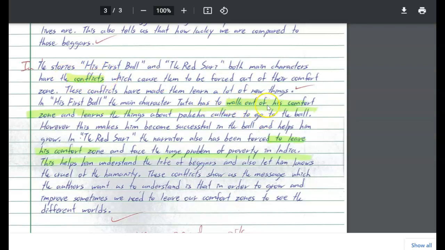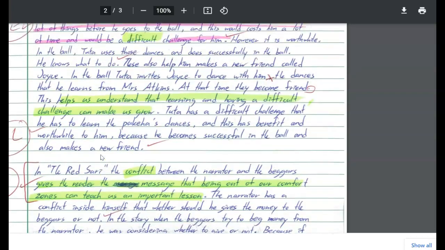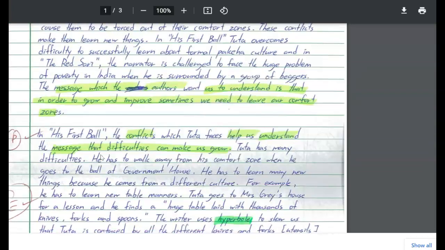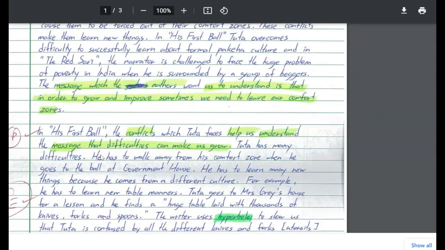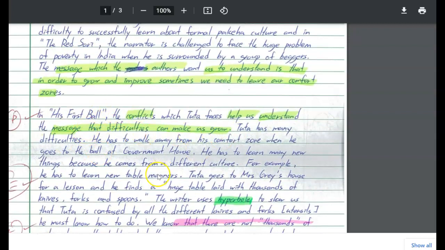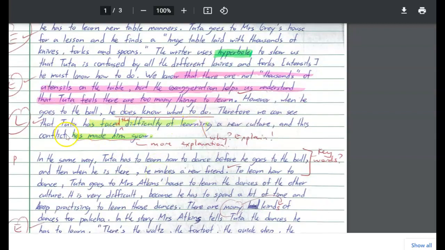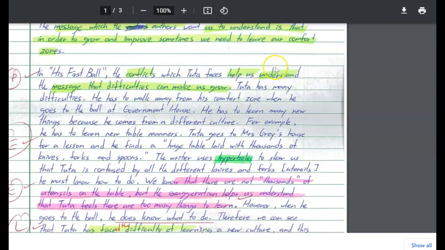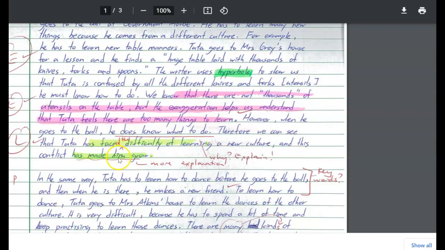Conflicts, walk out of his comfort zone, leave his comfort zone. He has used the same theme that I am suggesting that you use. And you can see that those keywords are throughout the whole essay, at the beginning, especially in your point sentence and your linking sentence.